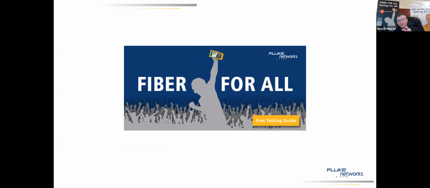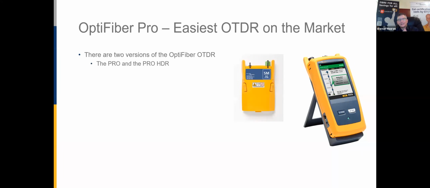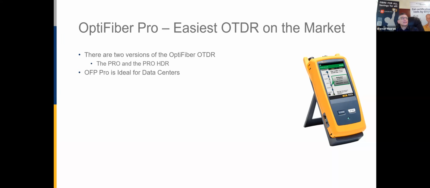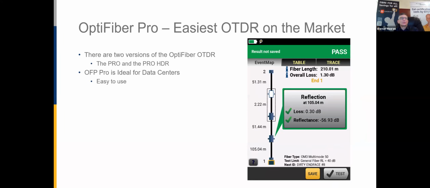So very quickly, related to this webinar, we have what we call our OptiFiber Pro. There are two main versions: the OptiFiber OTDR and the high dynamic range, which is mainly for this passive optical network testing. The Pro is more for the data center environment. You have the typical trace, but what we show you is this event map, which is very easy to use.